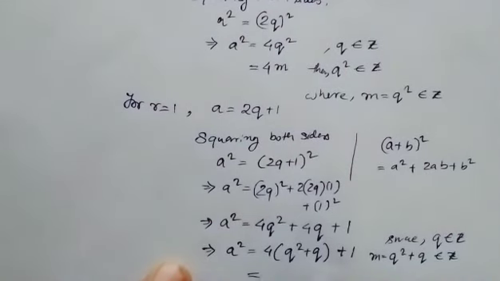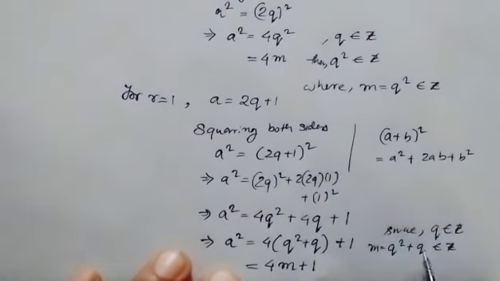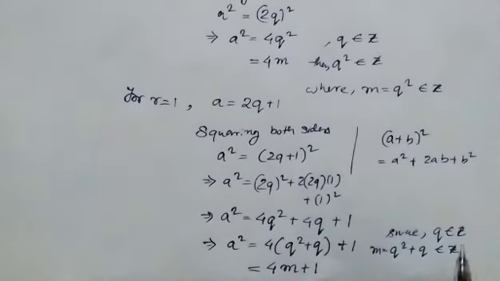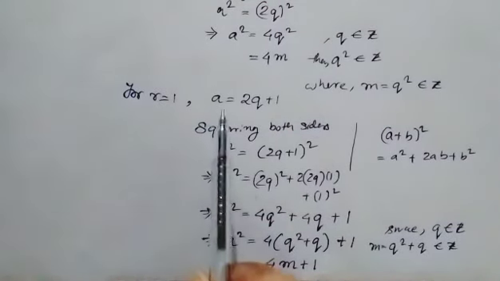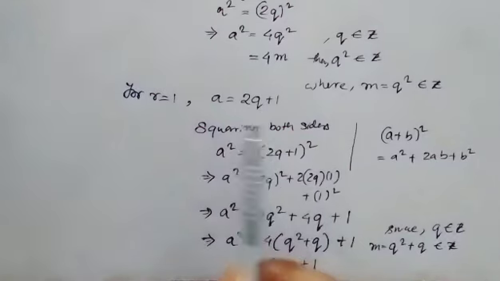So we can now write 4m plus 1, where m is equal to q square plus q, where q belongs to an integer. Now we have received that the square of the odd integers is equal to 4m plus 1, where m is an integer which is the summation of q square plus q.